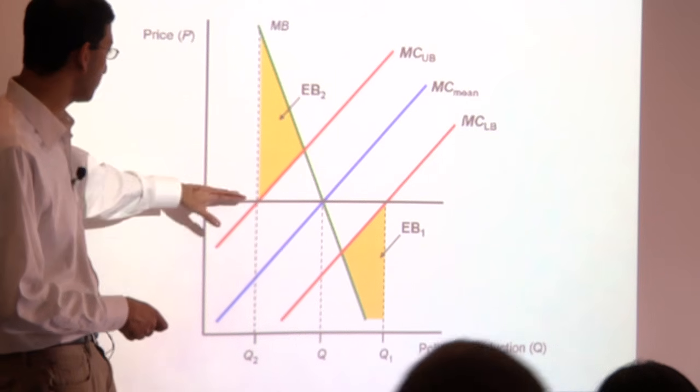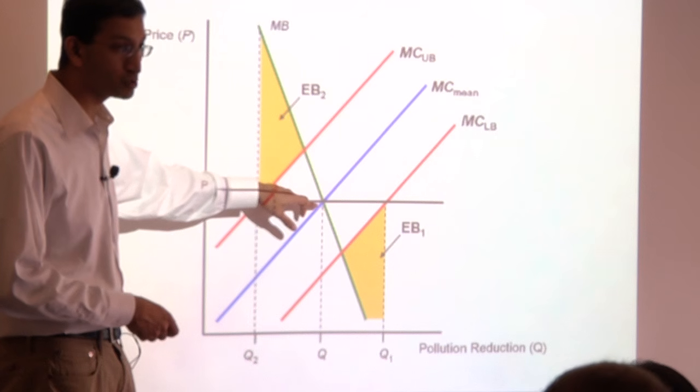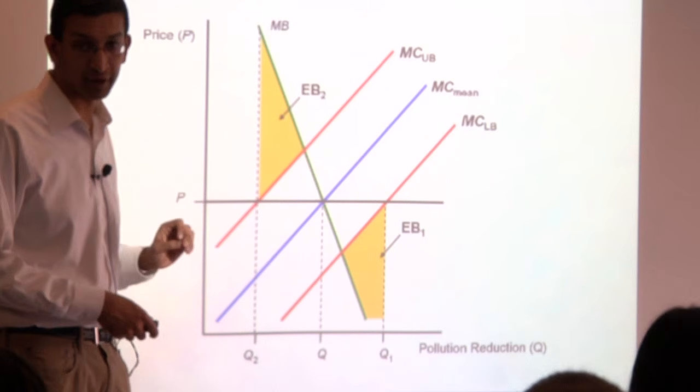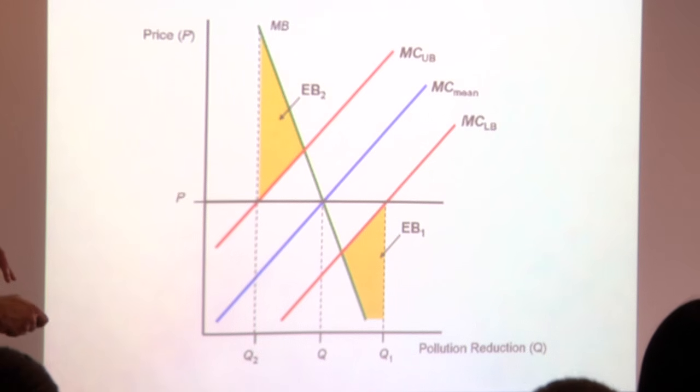How do I figure out that price? Well, I know that the firm is going to choose to reduce pollution up to the point where the marginal cost equals the price. So if I pick this price, I am going to get the quantity that I want to achieve.